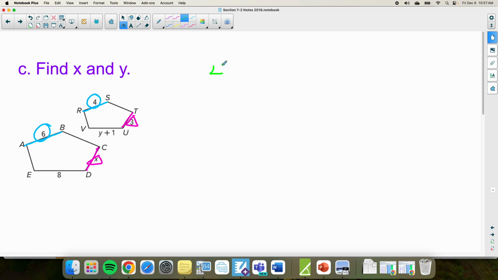So I could go 4 over 6 equals 3 over x. Okay? Then some people like to stay in the same figure, and they would go blue over pink equals blue over pink, and that would be fine too.